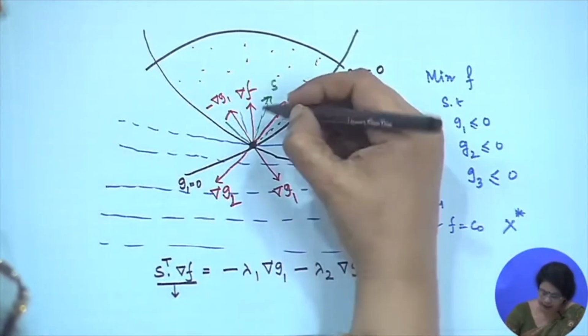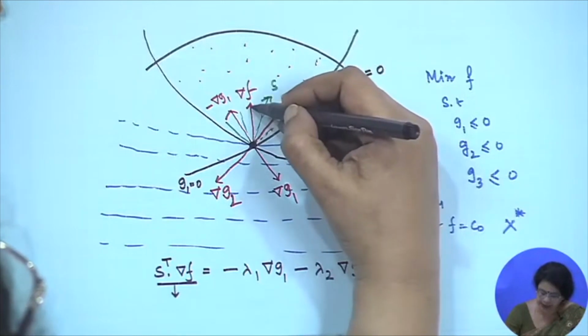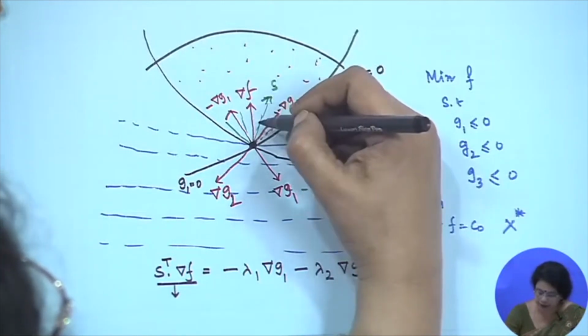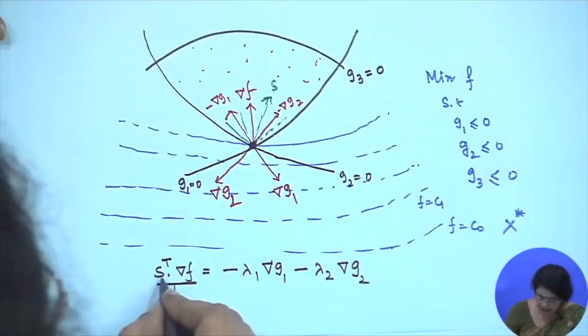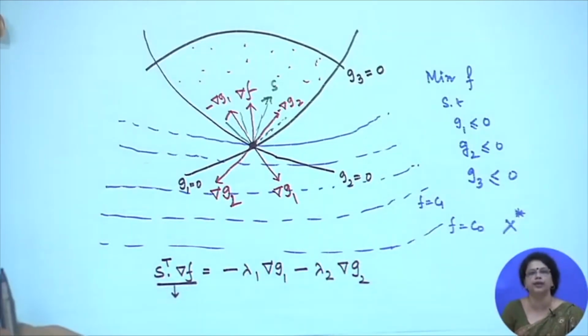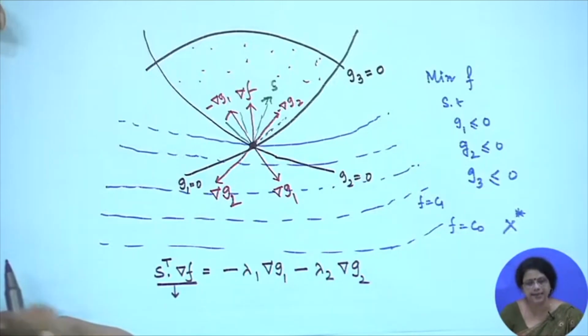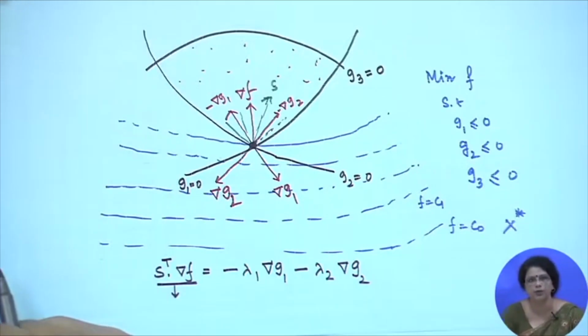Because the feasible direction and the gradient of f make an acute angle, and we are considering the inner product of two vectors: one is S, the feasible direction, and the other is the gradient vector of the objective function.